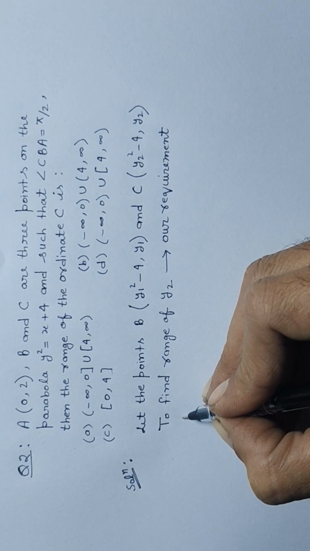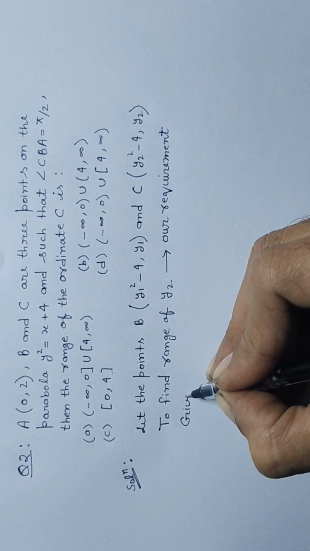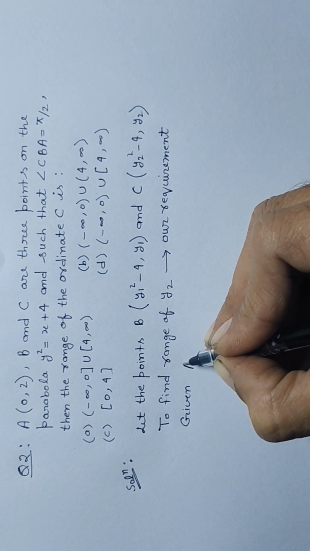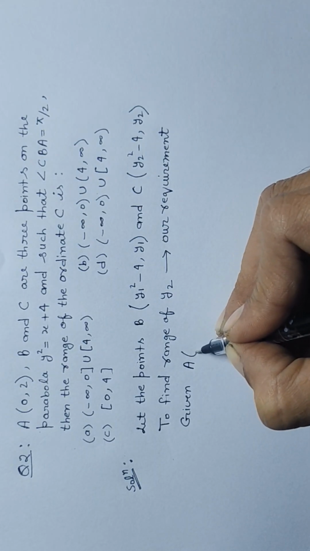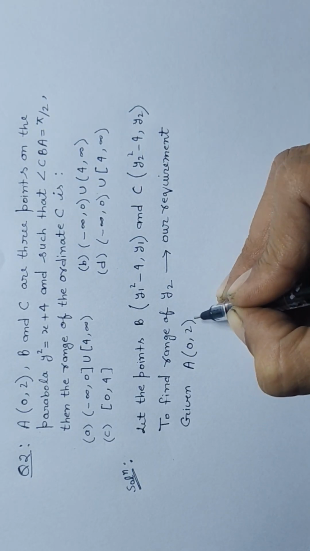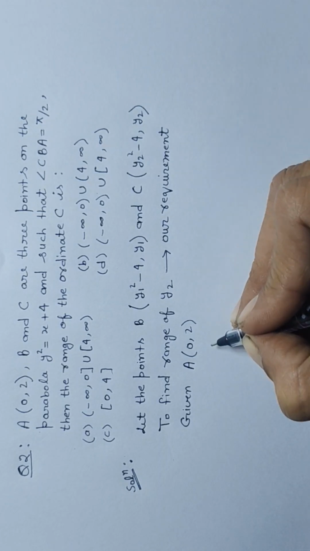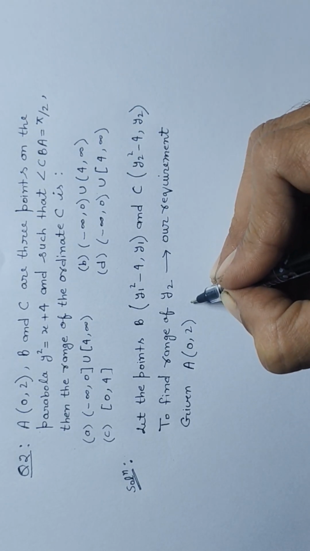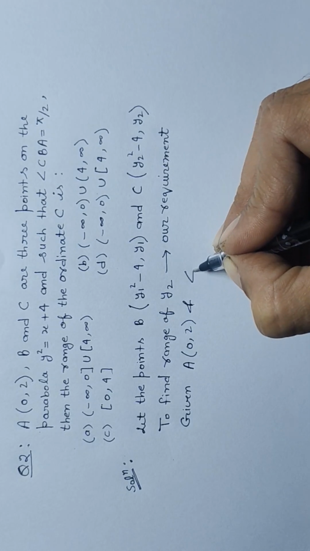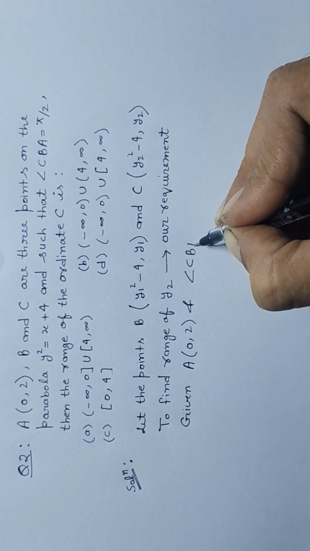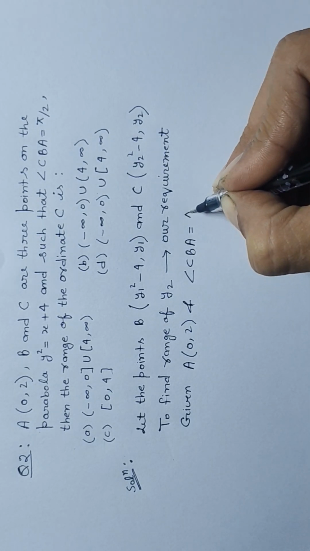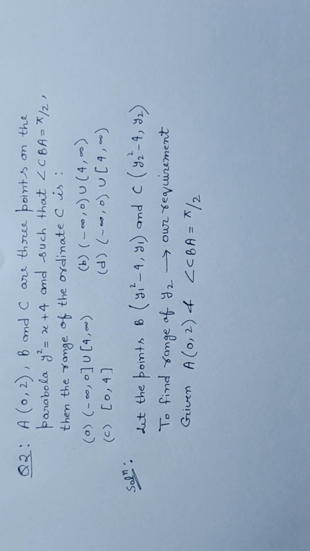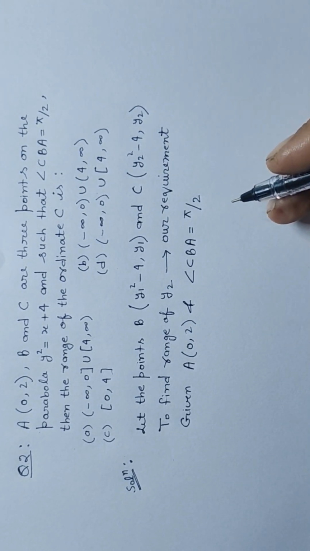Also given, the coordinates of the point A is (0, 2) such that angle CBA equal to pi by 2.